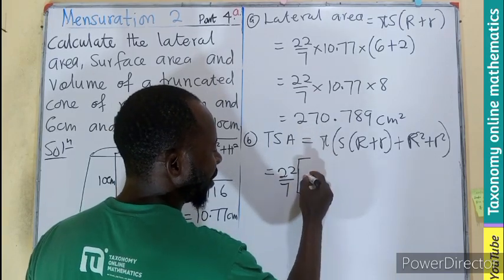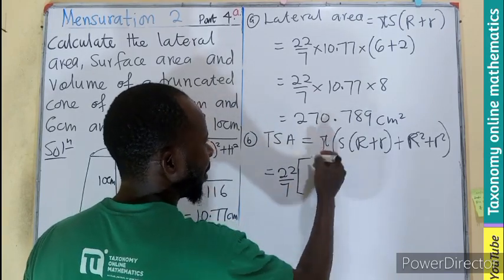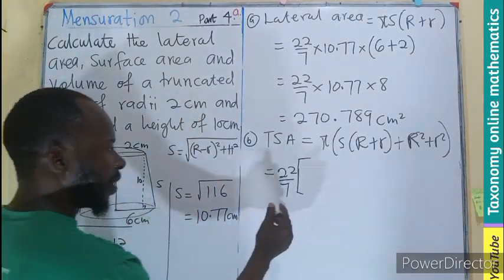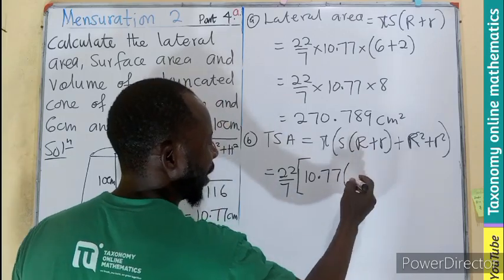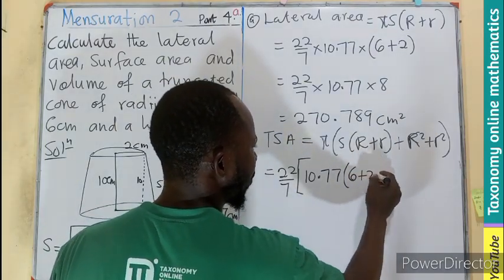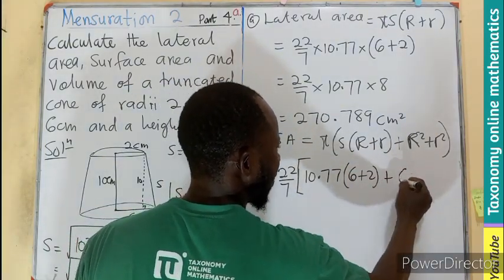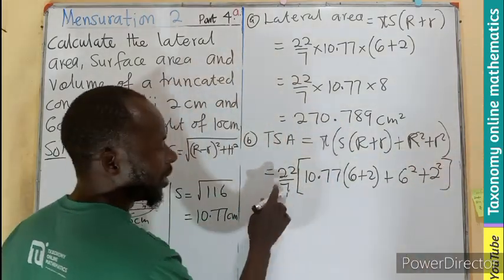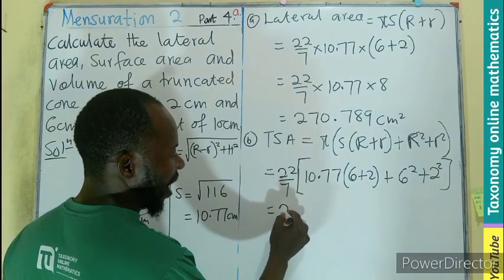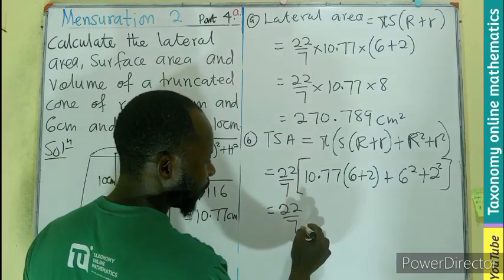In the bracket, you'll be having the s, that will be 10.77 times 6 plus 2, plus 6 squared plus 2 squared, all multiplying the 22 on 7.